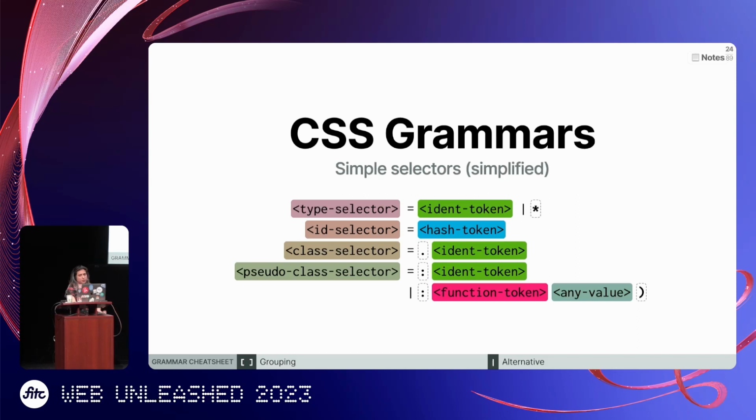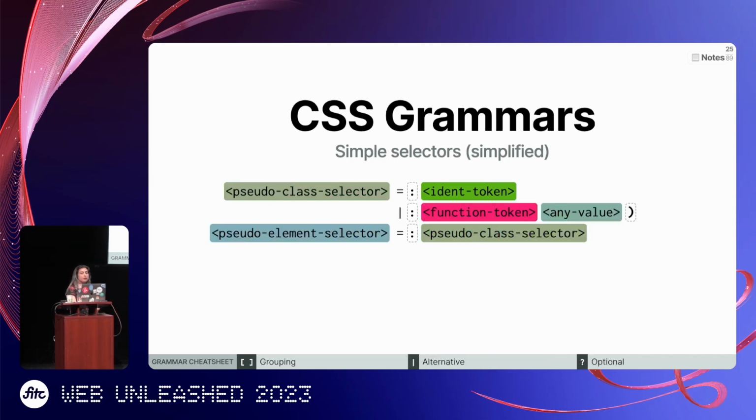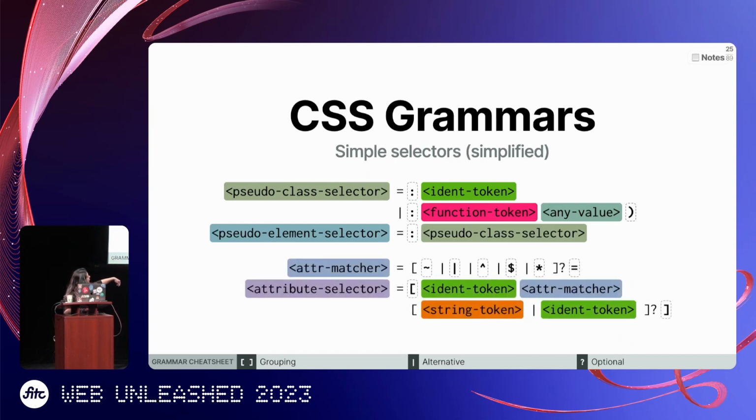The full selector grammar is linked in the notes. And we can also refer to other tokens to build even more complex constructs. So you can see that here, there are two alternatives in pseudo-class selector. If we read a colon token and then an ident, we have a pseudo-class. But also, a pseudo-class can be a colon and a function token and anything inside it. And same for the pseudo-element selector, except it also starts with a colon.